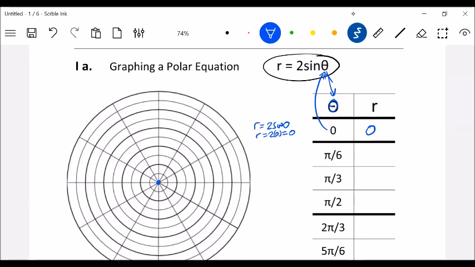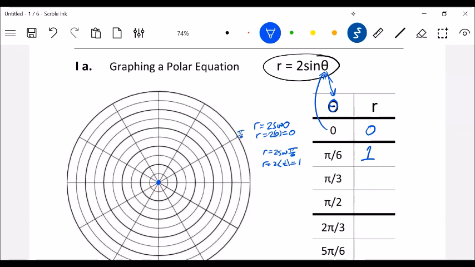Then we are looking at the next one, r equals 2 sine pi over 6. Well, sine at pi over 6 is 1/2. And the 2's cancel, which means the radius is 1. And so at pi over 6, which is here, we go out 1.